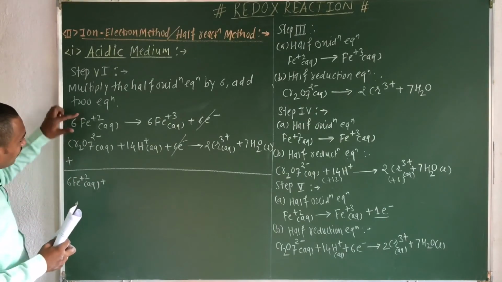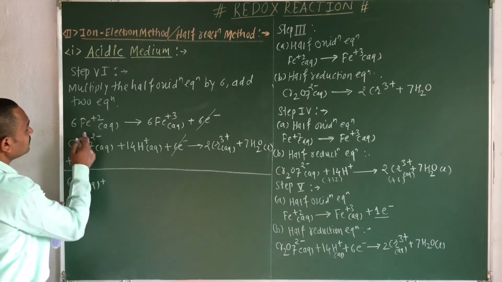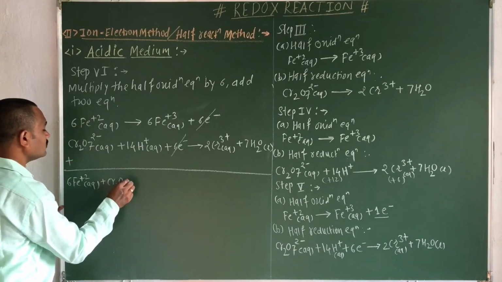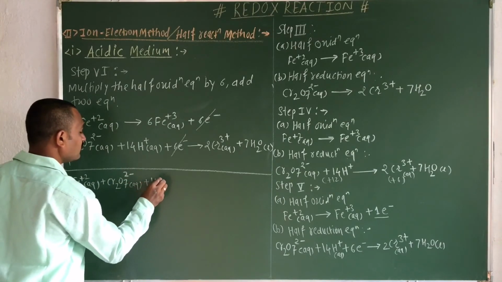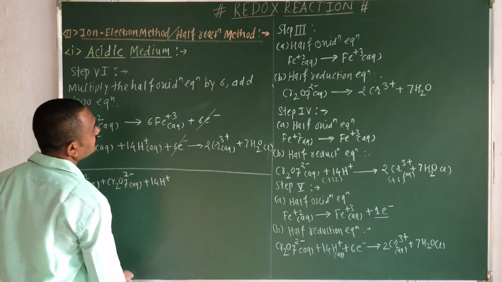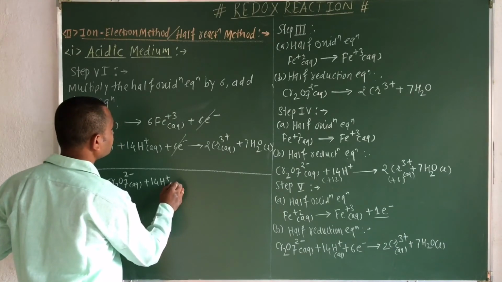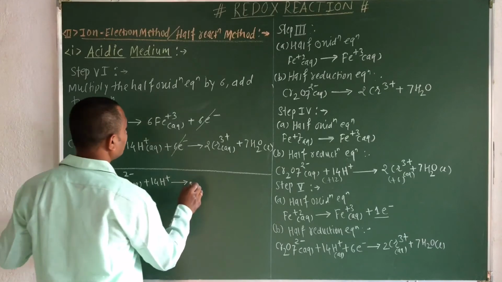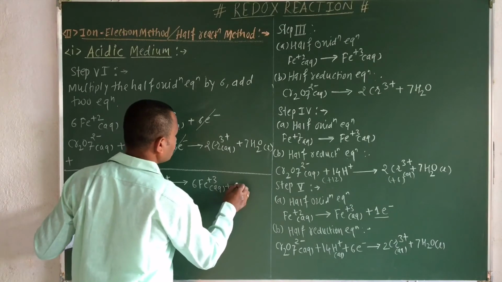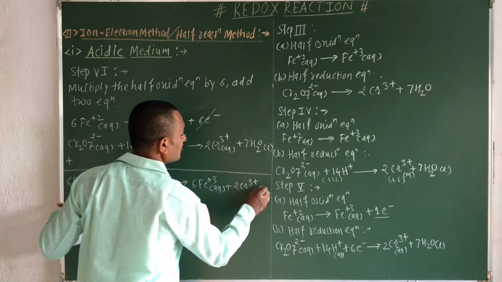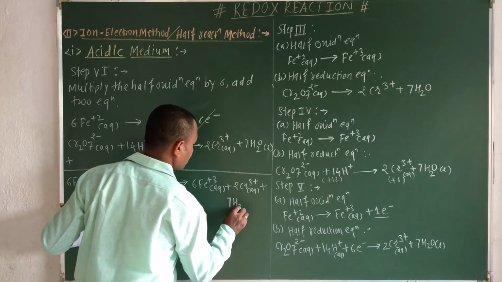plus, so write down all the terms from your left hand side and then from your right hand side. So 6 Fe plus 2 plus Cr2O7 2 minus aqueous plus 14 H plus gives 6 Fe plus 3 aqueous plus 2 Cr plus 3 aqueous plus 7 H2O.